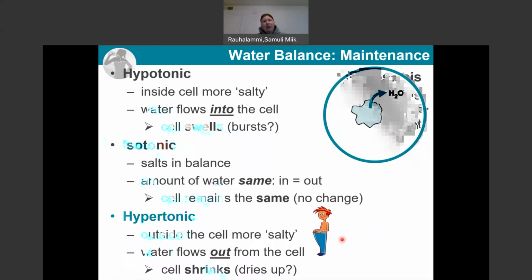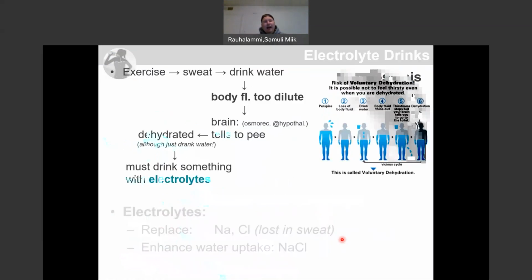Kind of tying into what we've just been looking at, I have one more example here of a situation that I at least can relate to, that I'm familiar with. When you're out on a hot Arizona summer day, you end up sweating a lot, and you might try to compensate for this loss of fluids by drinking a lot of water.